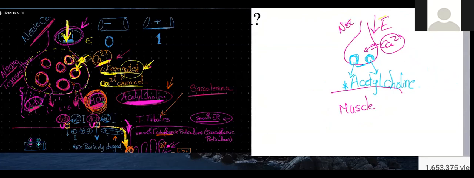Do you release calcium from the nerve cell? You don't release calcium from the nerve cell. Calcium enters the nerve cell for you to release acetylcholine. So we can't consider calcium as a neurotransmitter. Calcium is not a neurotransmitter. What is the neurotransmitter again in here? It's going to be my acetylcholine.